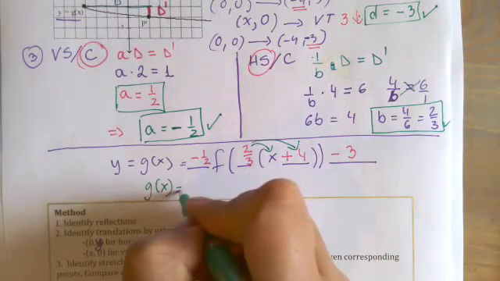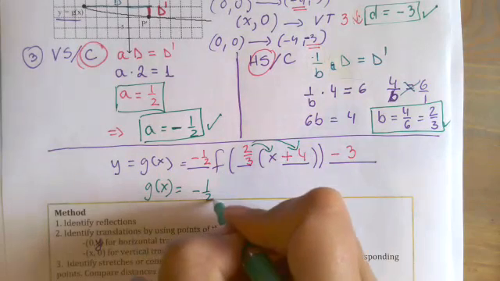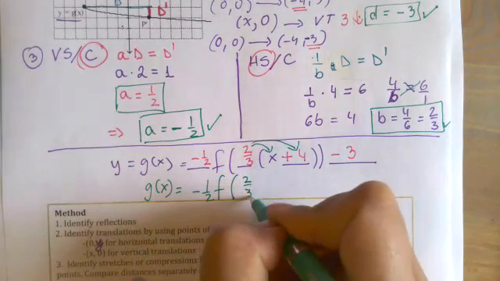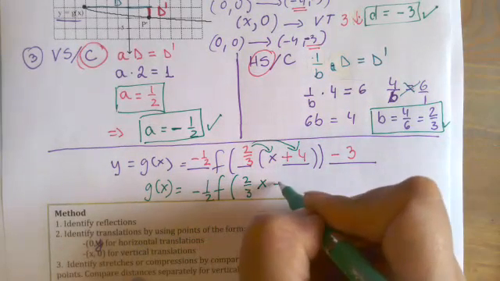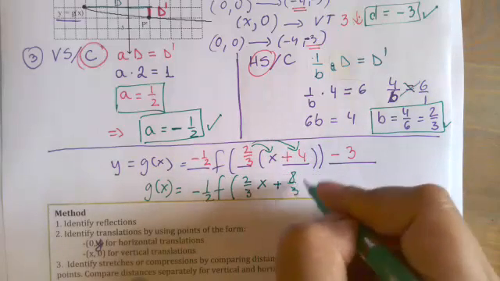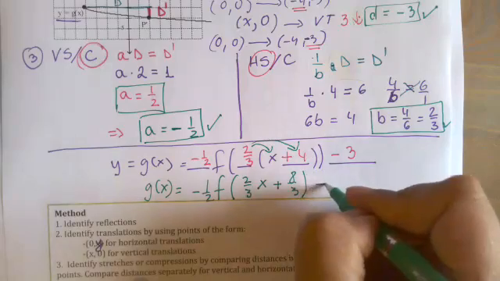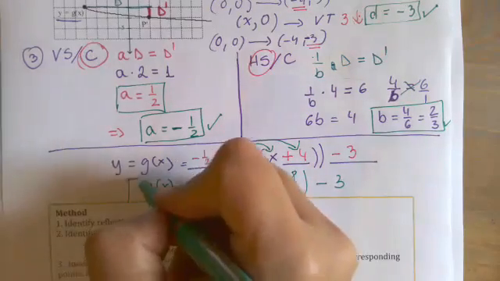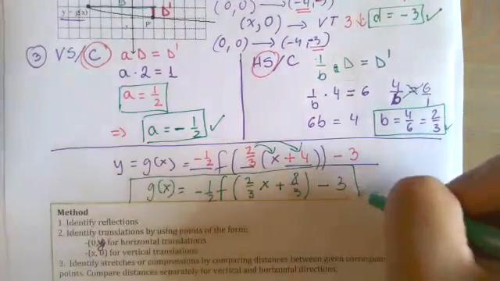So g of x equals negative 1/2 stays in front, f of 2 over 3 x plus 2 times 4 is 8 over 3, close bracket, and then minus 3 stays by itself. And that's our final answer.